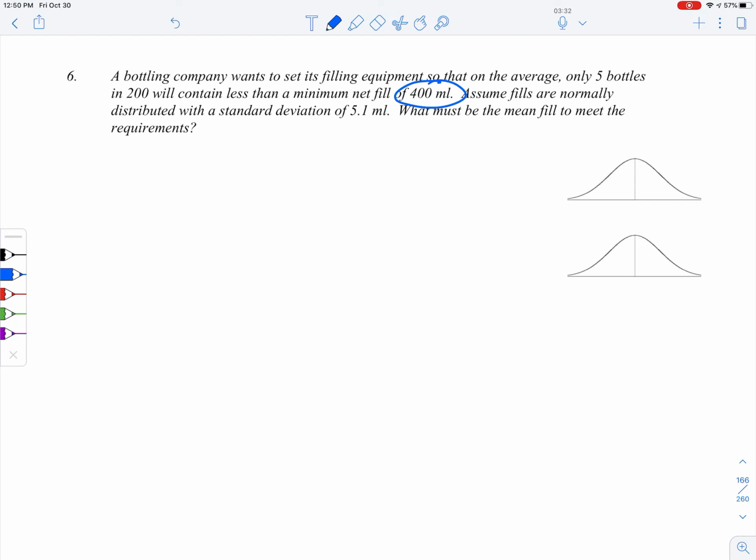But every once in a while, you're going to get something which is, say, more than a couple of standard deviations away. And that could be noticeable. Now, if it's kind of overfull, that in itself is a bit of a problem because it's under pressure. But it's a bigger problem when you've got it less than 400 mils, quite a bit less, where it's noticeable.